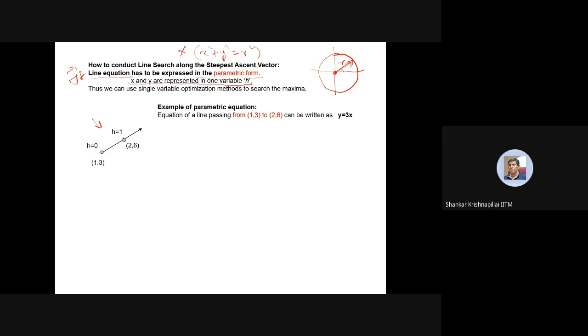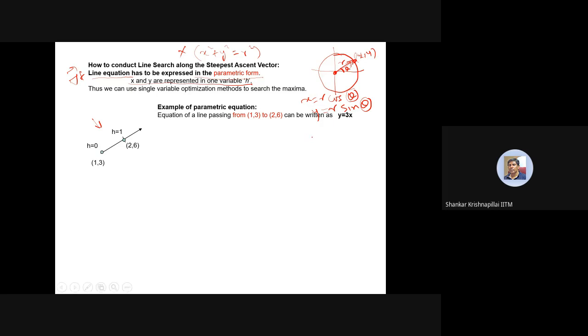Okay, so theta is the angle. So any point here, (x, y), can be represented as x equals r cos theta, y equals r sin theta. Okay, so x is represented in terms of one variable theta and y is also represented in terms of one variable theta.